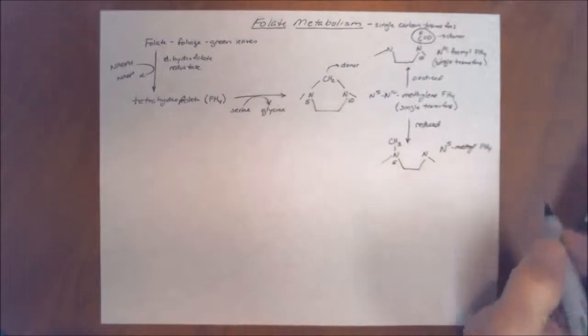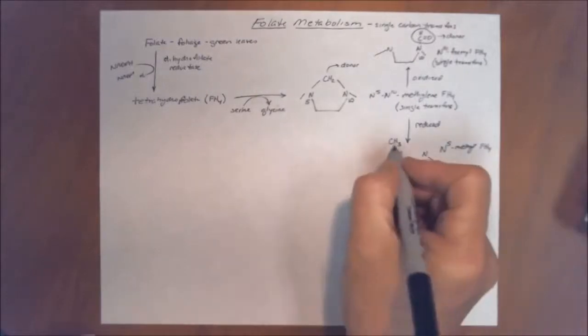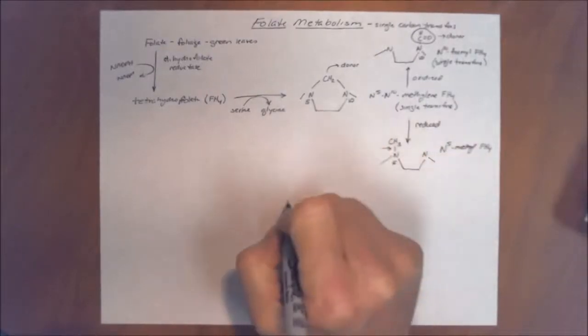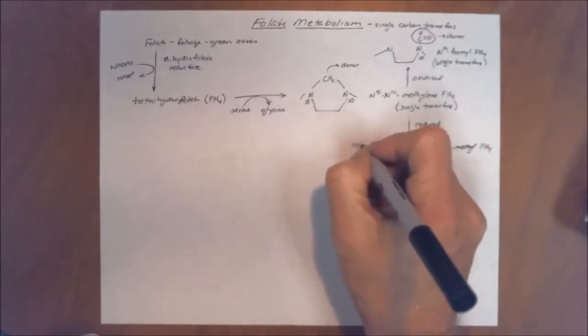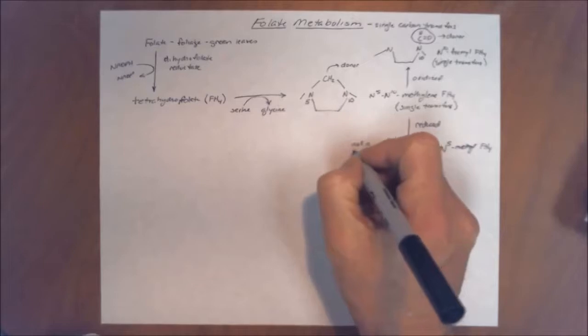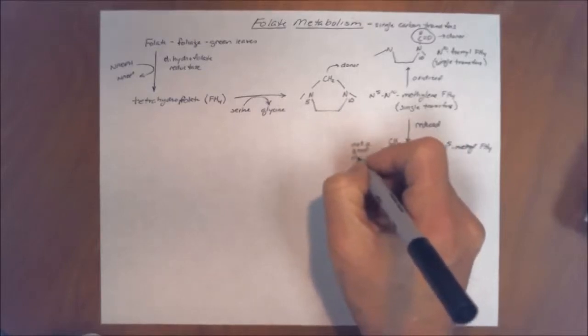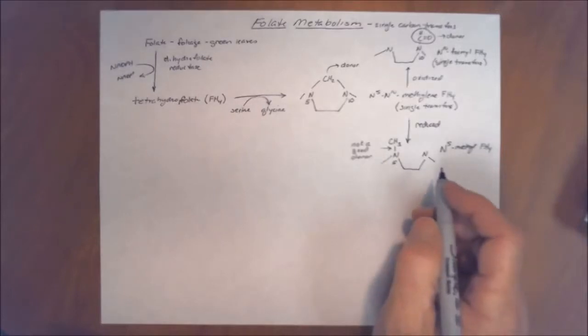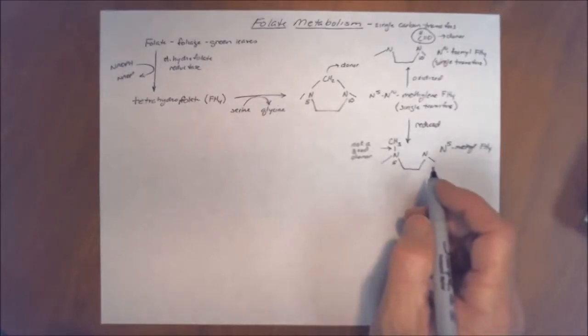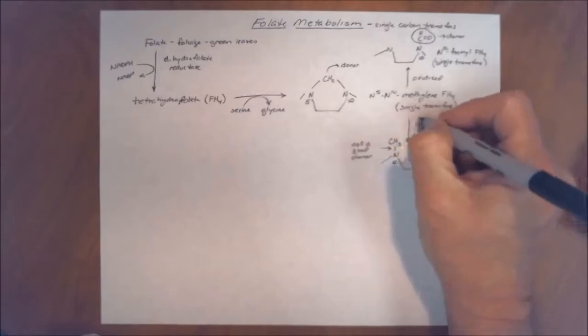Now notice this bond here is very stable between the methyl group and the nitrogen. So this is not a good donor of carbon because this bond is too stable. The tendency is toward reduction.